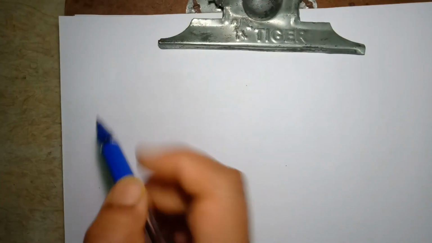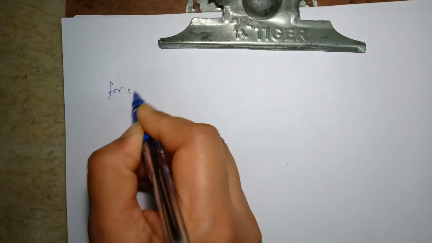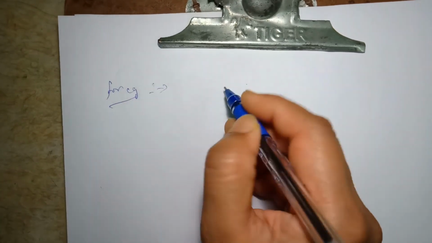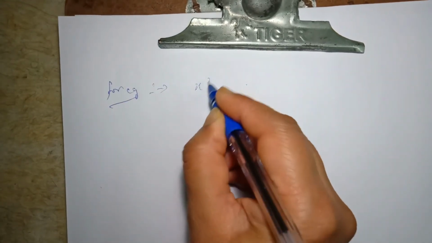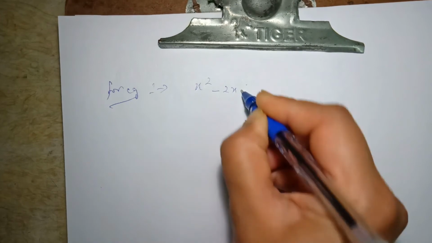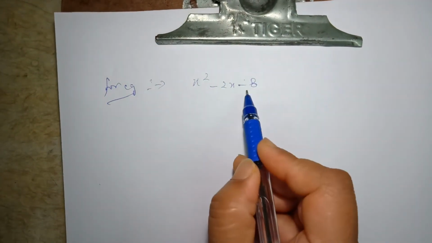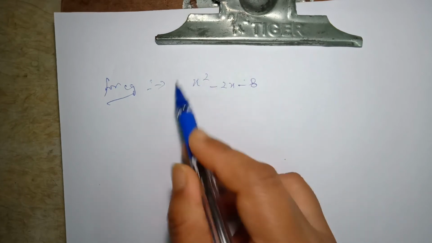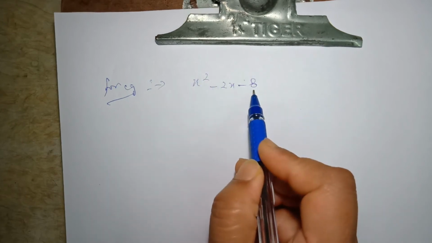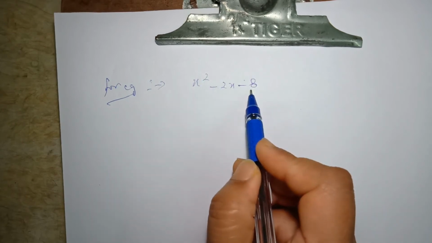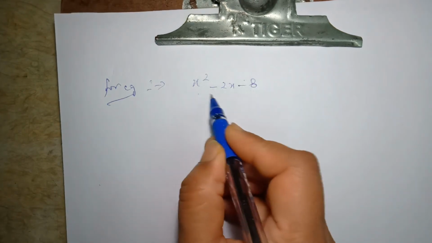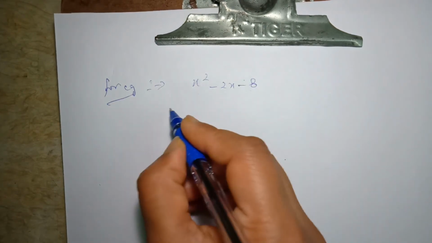Suppose we have, for example, a quadratic polynomial x square minus 2x minus 8. First of all, we have to find its zeros, and for finding the zeros we know the method. We can use the factorization method, that is splitting the middle term.